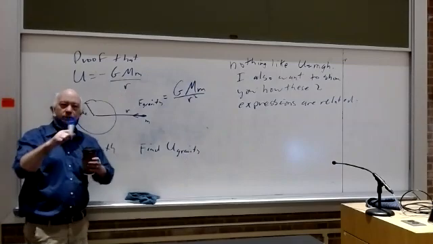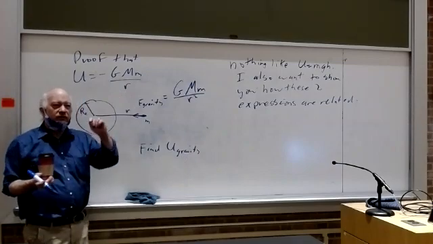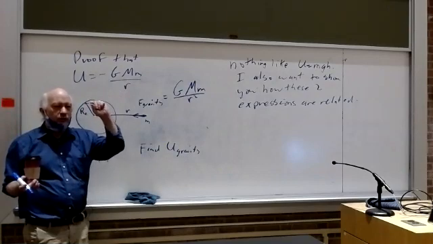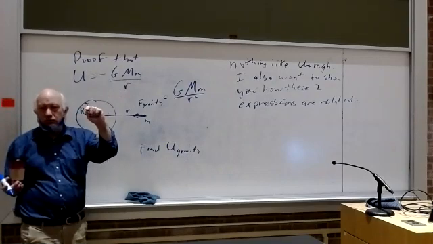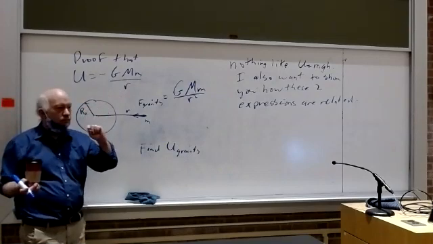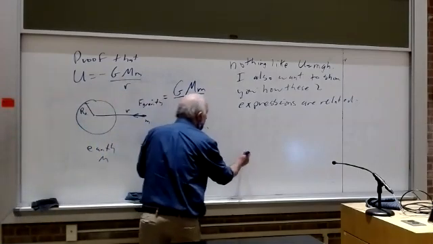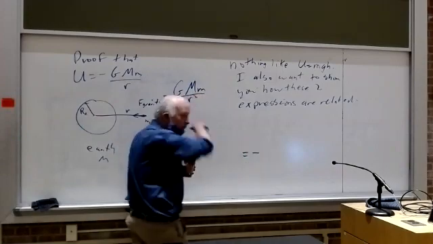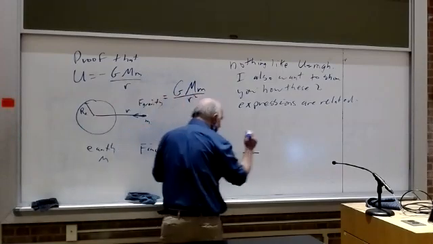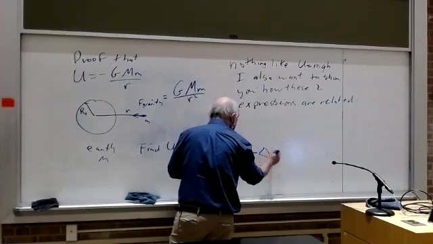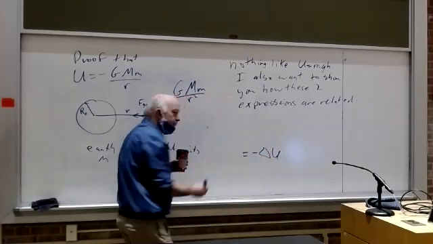Now we have to go back a little bit. Okay, what did we say is the formal definition of U? And remember, it's that really absolutely weird definition. What was the formal definition of U? I'll give you a hint. It involved minus change in U, and this equals what?